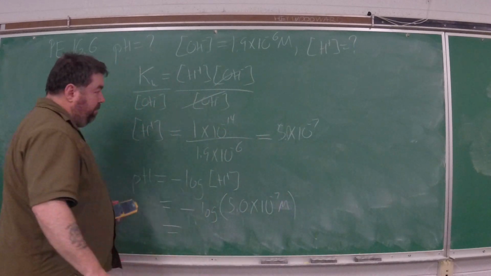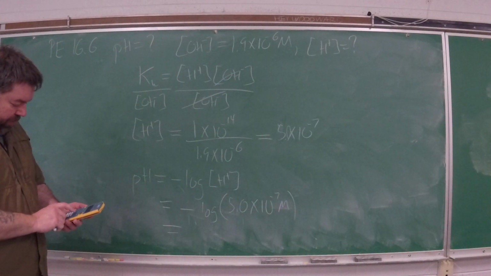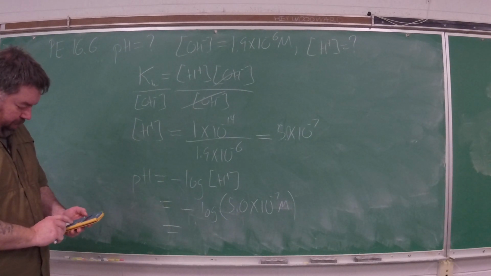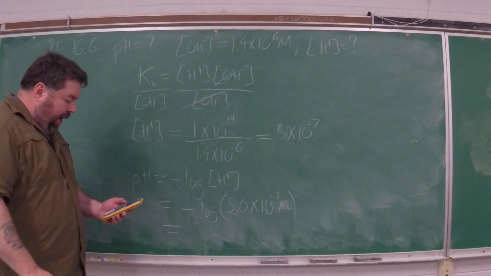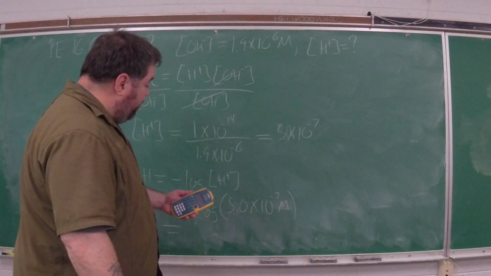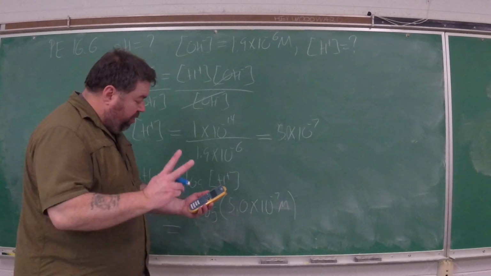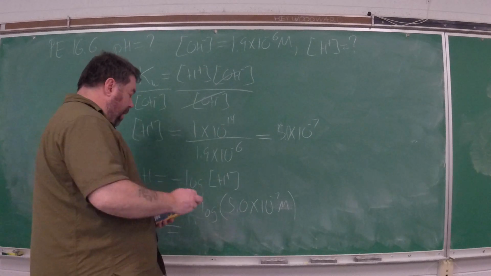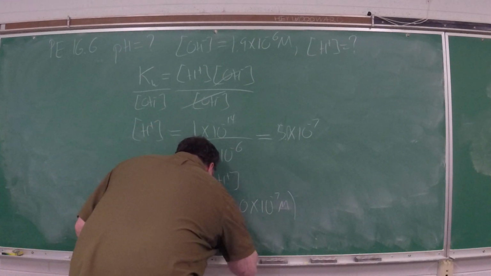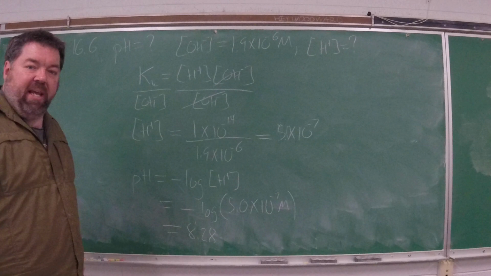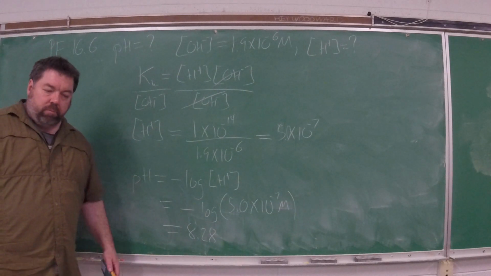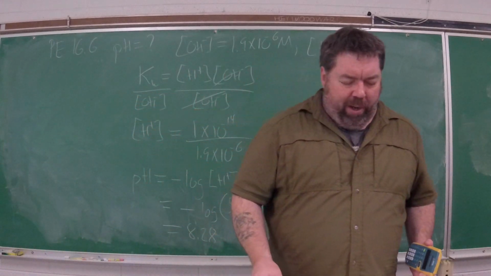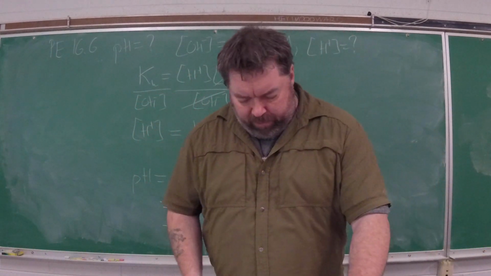And what's that going to give you? I am getting 8.278. Since we have 2 sig figs, I take 2 decimal places, so I'm going to round up and get 8.28 for my pH. Hopefully I explained that well so it's understandable.